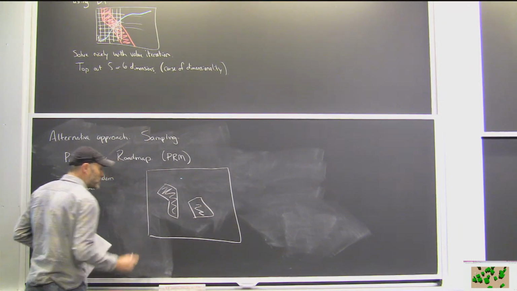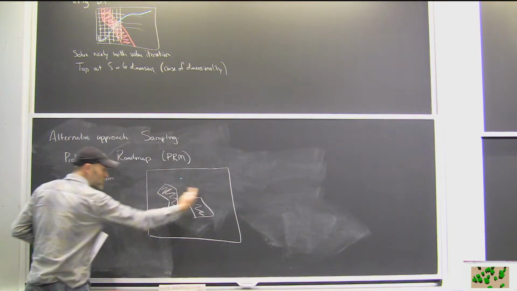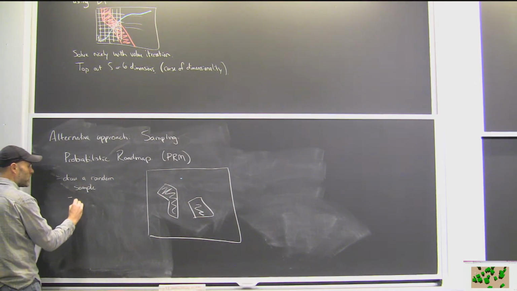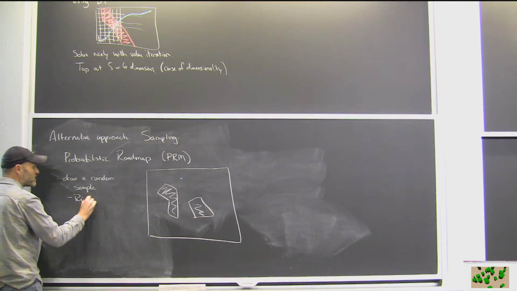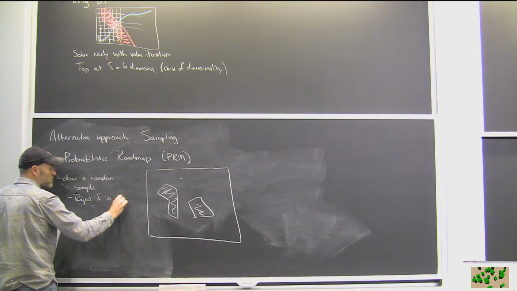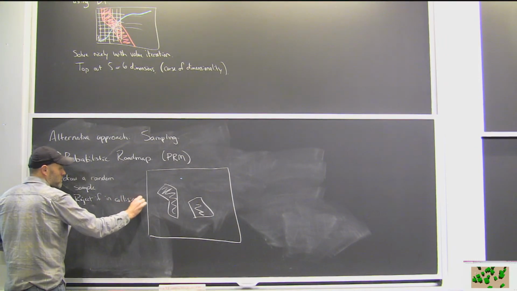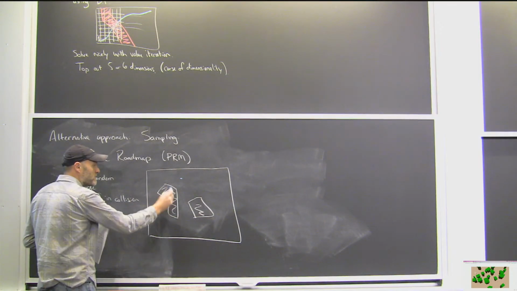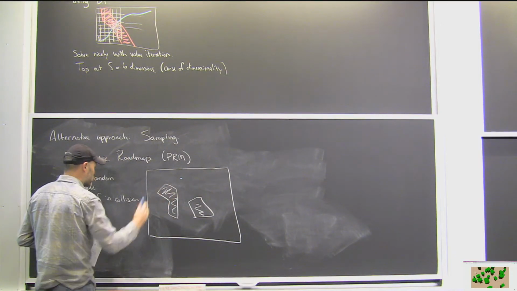Just pick a point anywhere from the uniform distribution across, let's say, a rectangular box. Okay. We'll reject the sample immediately if it's in collision. Okay, so if I happen to pick a sample and I'm inside my obstacle, just throw that one away and continue.